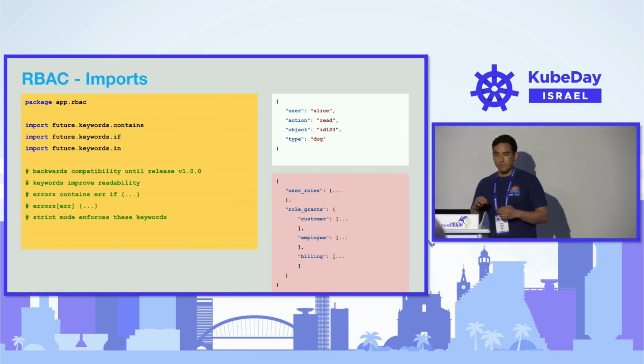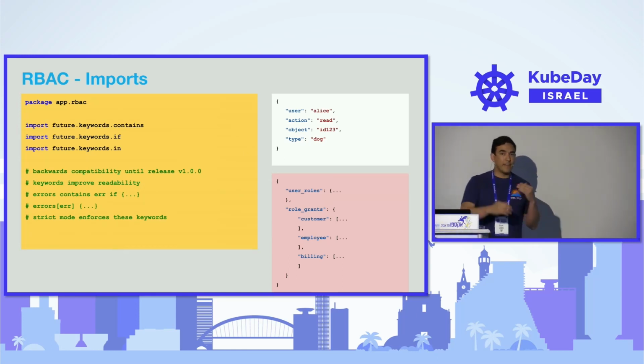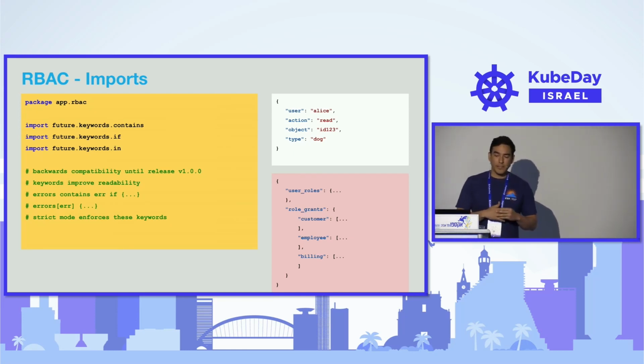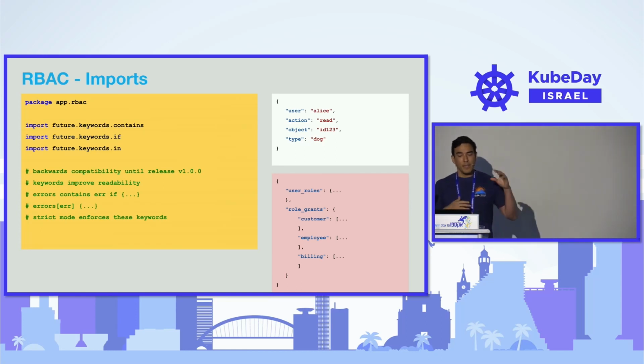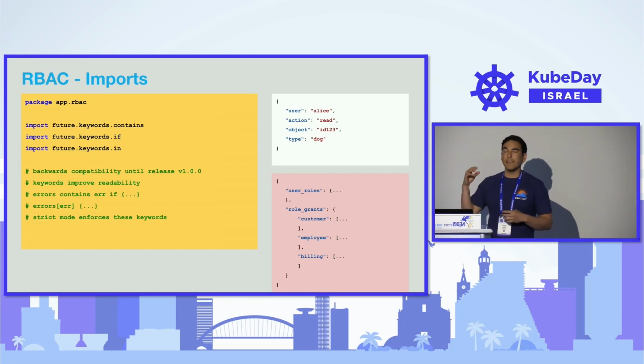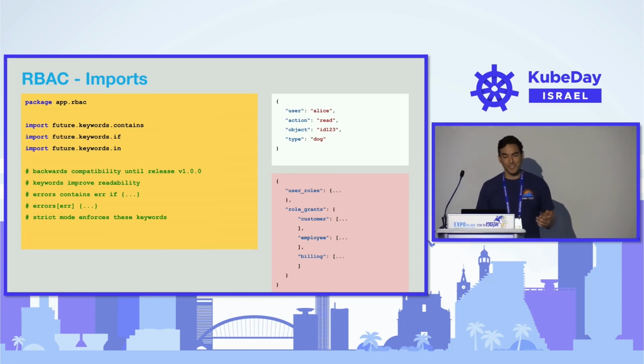And so what we end up doing is, as we advance the language, we wrap all these features into this future keywords import. And this ends up allowing us to read the policy in a much more English-like way as you're reading the policies.